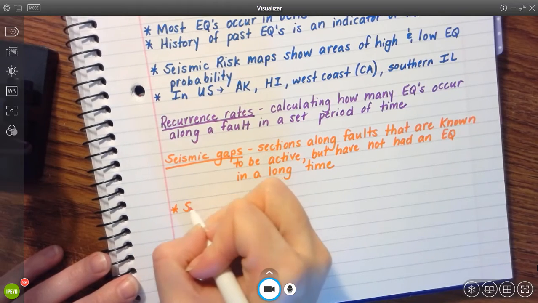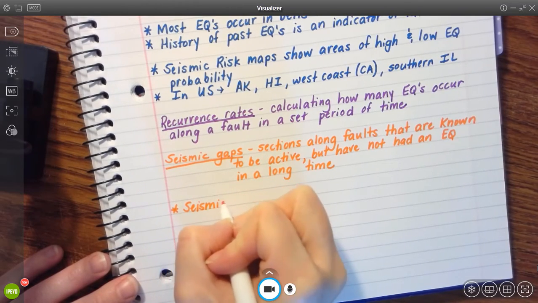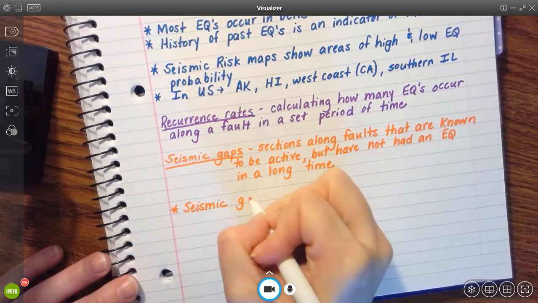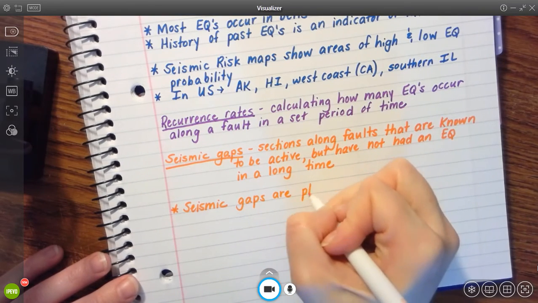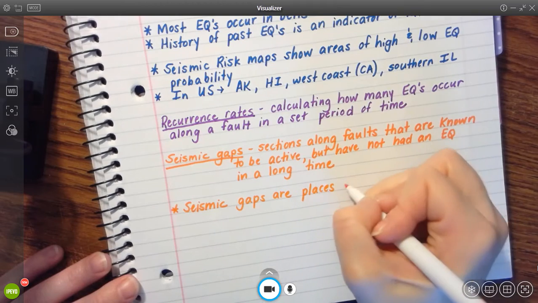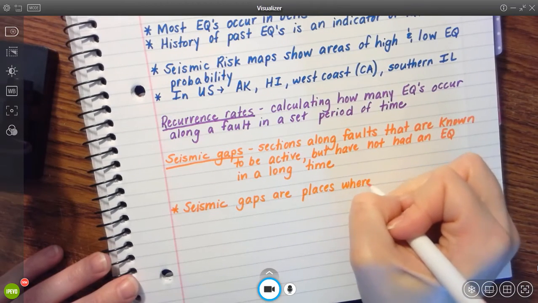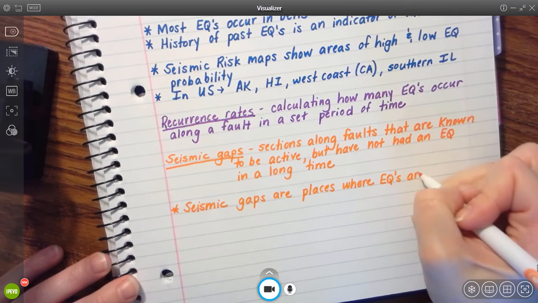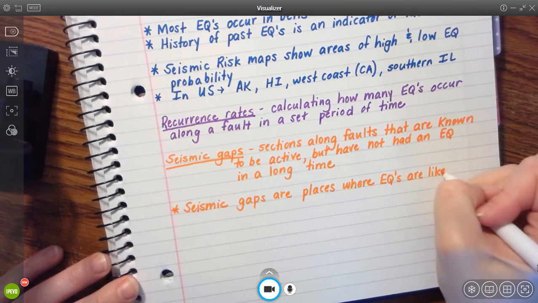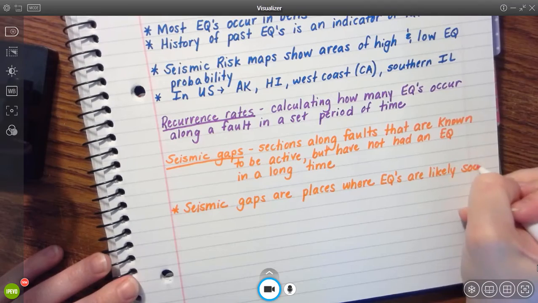As a result, seismic gaps are places where earthquakes are likely soon.